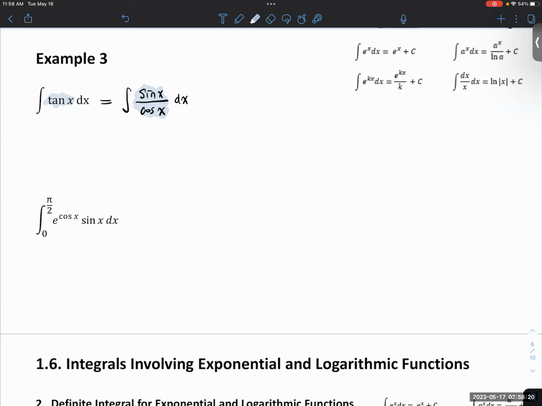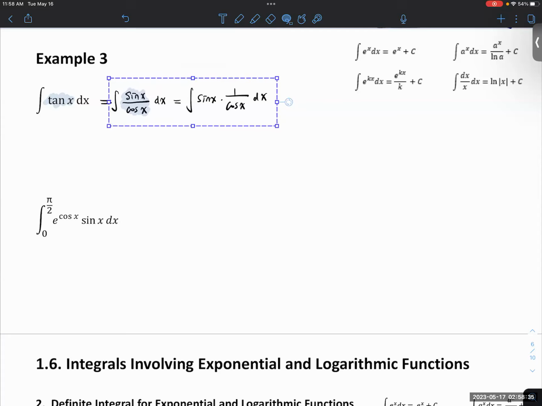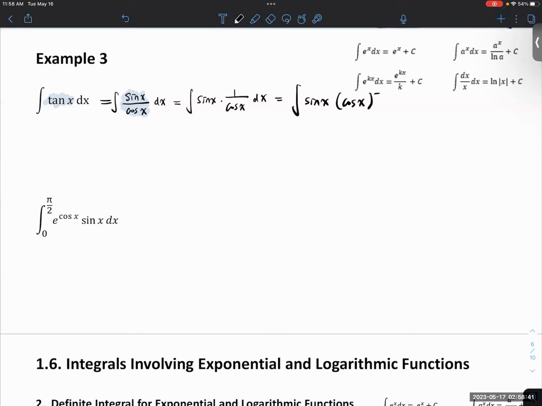And then I can keep modifying it. Sine x over cosine x means sine x times 1 over cosine x dx. You see what I'm doing now. And then that fraction, I can keep modifying it: sine x times cosine x to the -1 dx. So this part, 1 over cosine x, is the same as cosine x to the -1, isn't it?